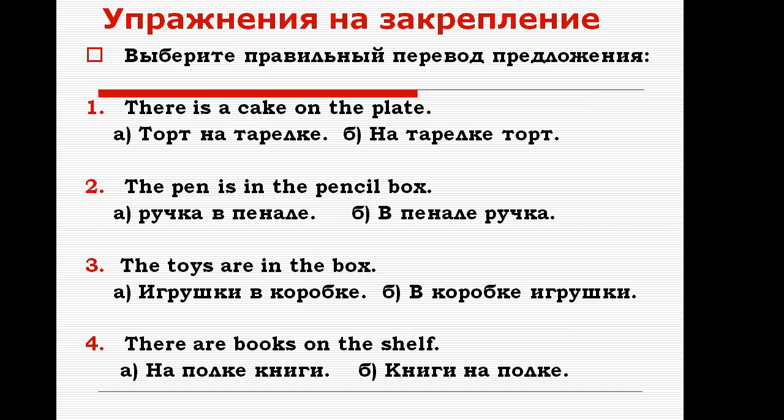Choose the correct translation of the sentence. There is a cake on the plate. On the plate, a cake. Yes? The pen is in the pencil box. The pen in the pencil box. The toys are in the box. The toys in the box.